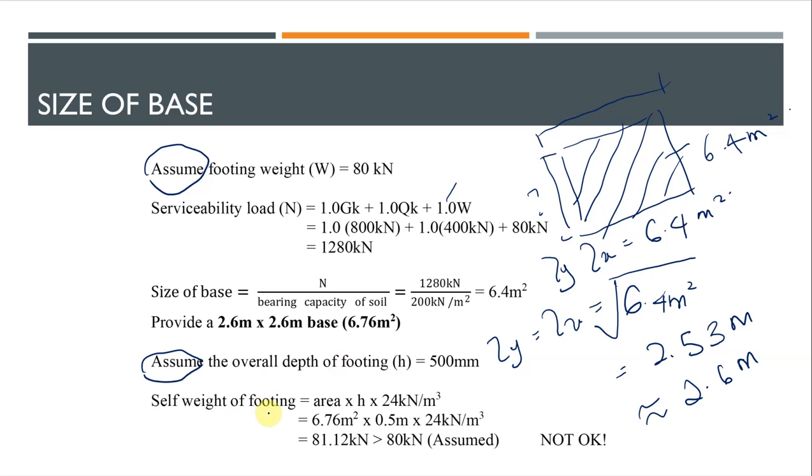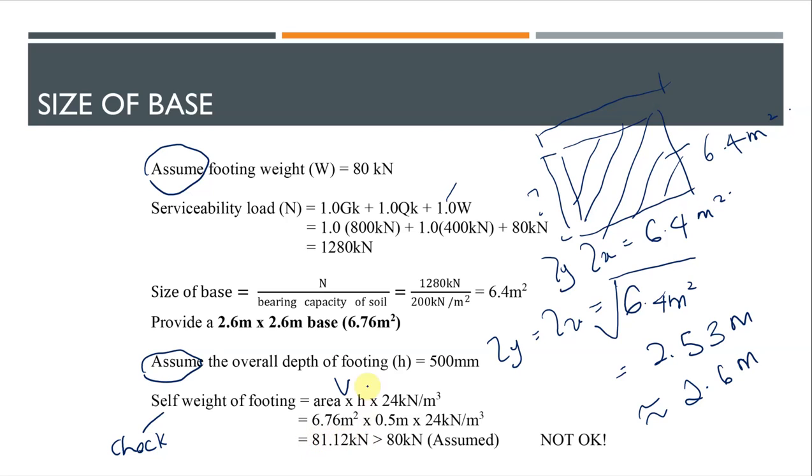And then we need to check. So self-weight of footing is this one for checking. Okay, kita nak check whatever that we assume, is it correct or not? You know that to get the self weight, biasanya kita akan darab the unit weight with the volume. So area times H ni adalah volume, times 24 kN per meter cube.